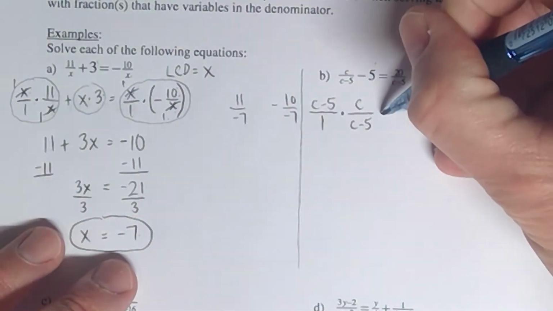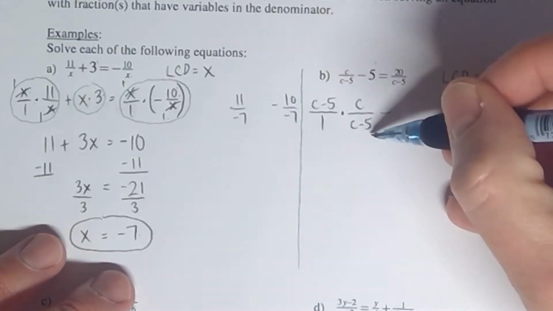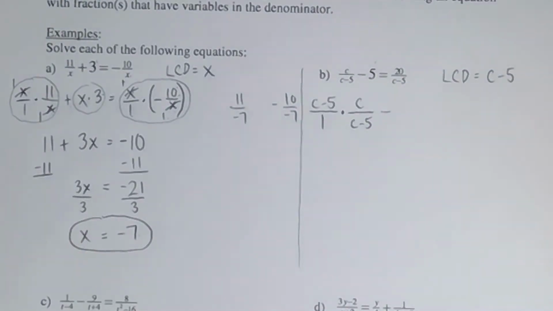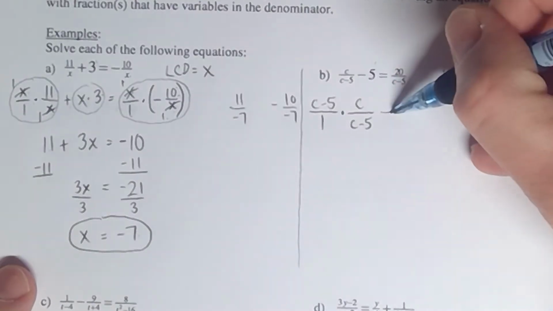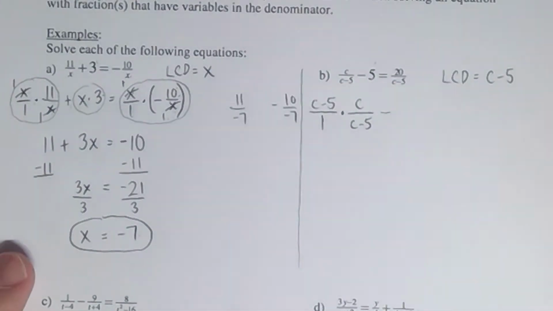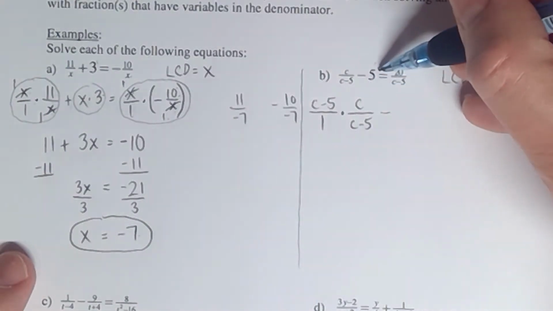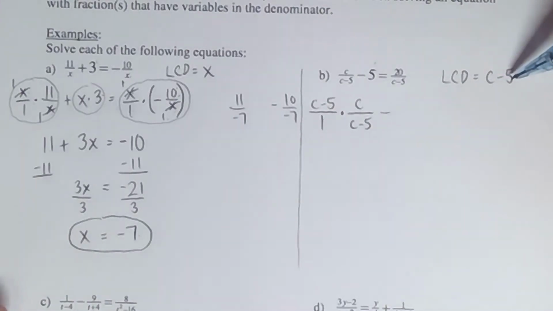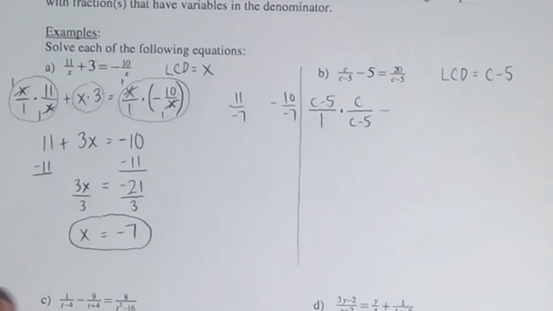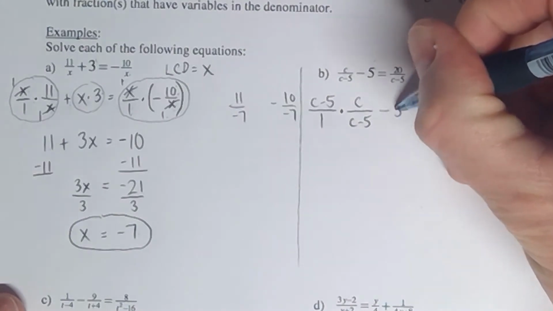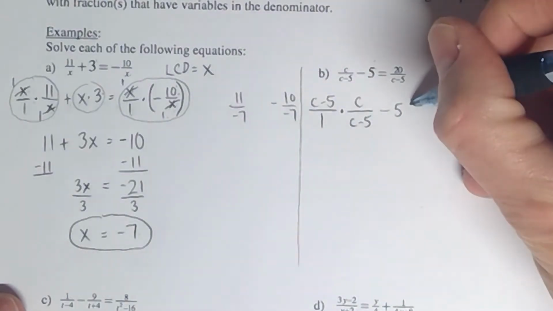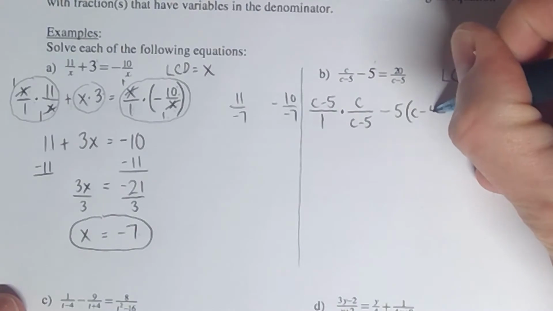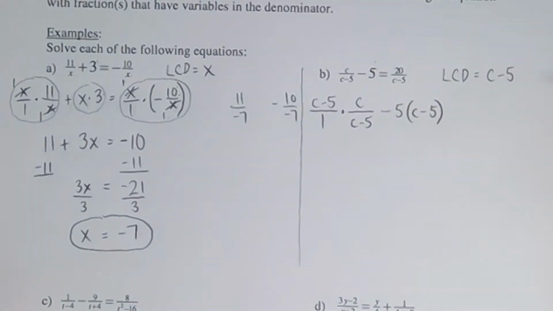All right, so that's why I'm going to write this out here. And then here's what we need to be careful about. Bring down the minus. But as we've seen a number of times in the past, when you multiply a regular term, a single term, times something that has more than one term in it, we put the single term in front, and then we put the thing that has more than one term in it, the LCD, in brackets, because we have to multiply by the whole thing.